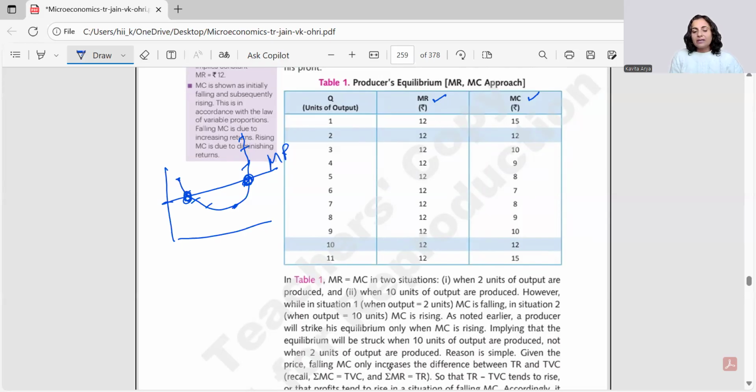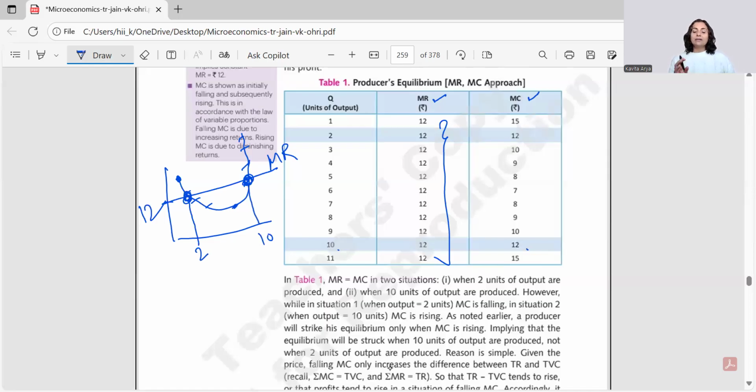This is MR. MR is a constant line which is parallel to the x-axis, and this is 12 here, right? What is MC? MC begins from 15. So this value is 15, right? And this is 12, and this 12 is with respect to 2 units of output, right? And this 12 is now with respect to 10 units of output.